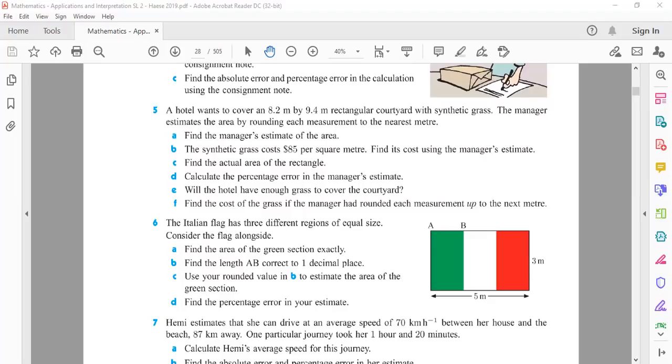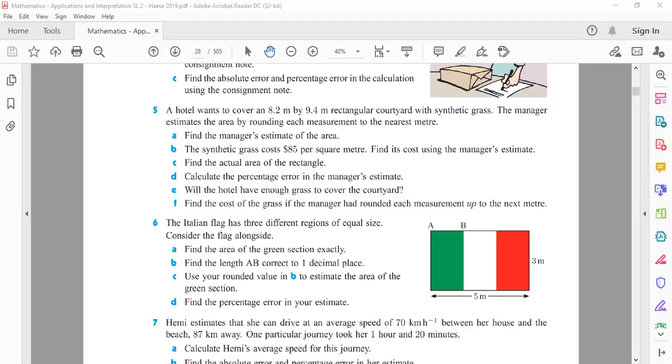Yeah, okay. So what is the answer for 5A?